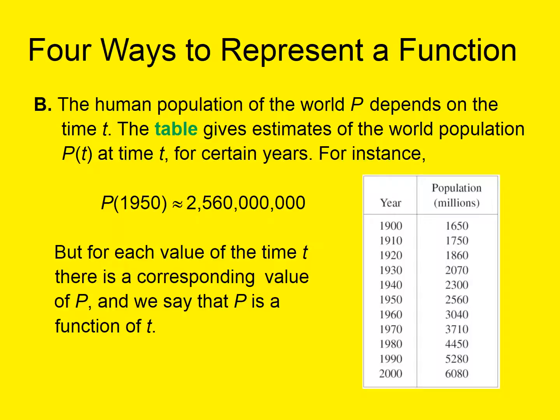For instance, P of 1950 is 2,560,000,000. But for each value of the time T, there's a corresponding value of P. And we say that P is a function of T. The population depends on time, the year.